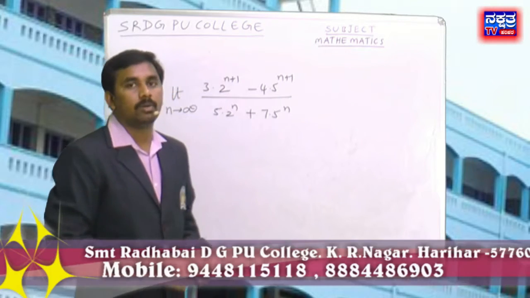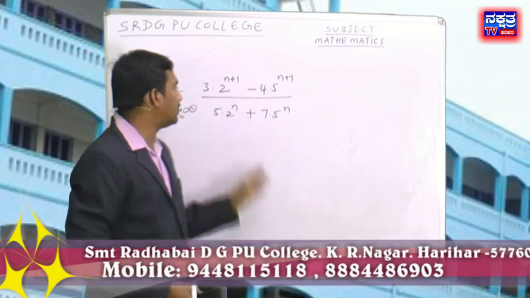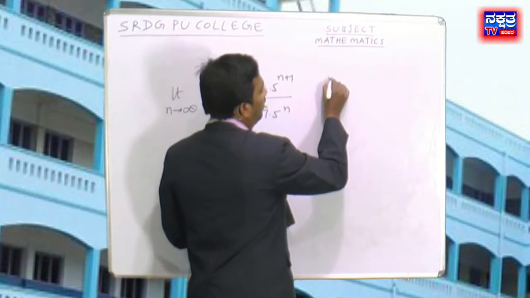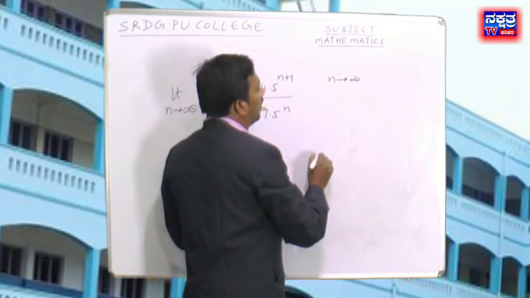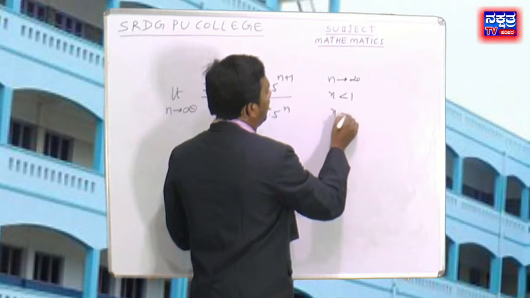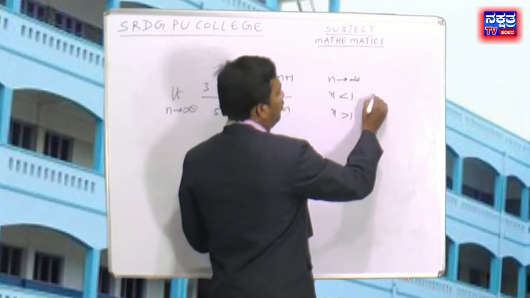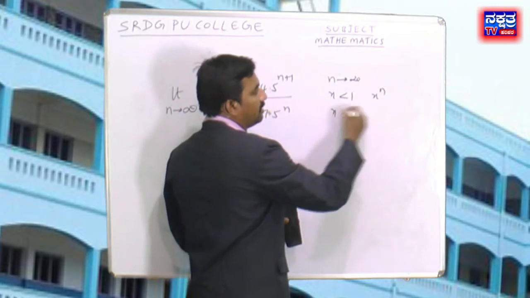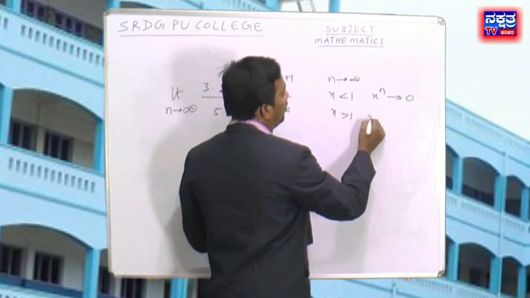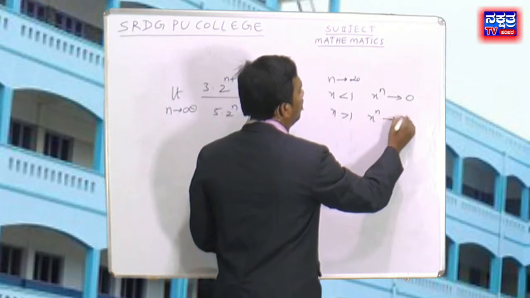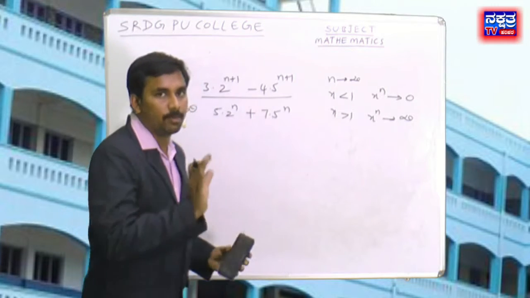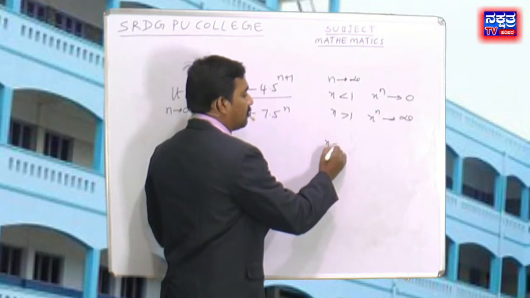Students, here one more important concept I have to explain for this type of problems. See here, if n tends to infinity and x less than 1 or x greater than 1: x less than 1 means x^n tends to 0, and x greater than 1 means x^n tends to infinity. Suppose for example you take x equal to 1 by 2.